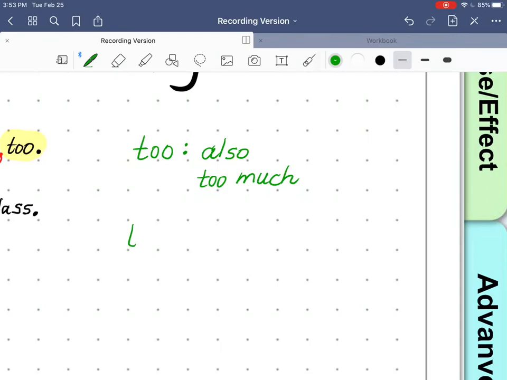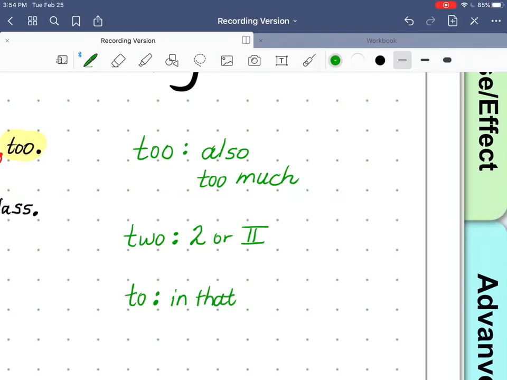The word T-W-O is the number 2. It could also be written as the Roman numeral 2. And then T-O, which is the third form, means in that direction.